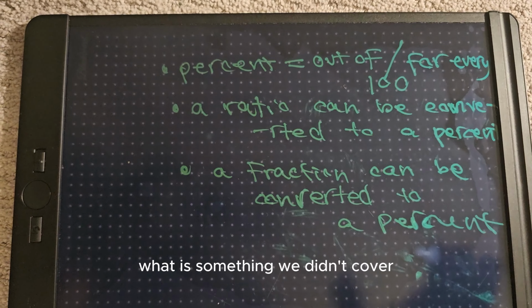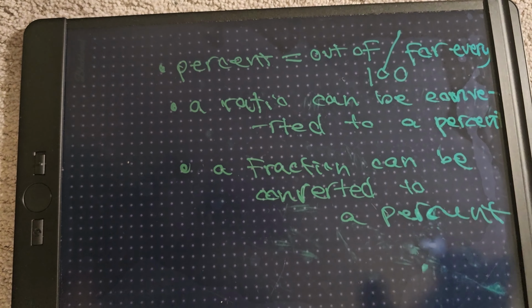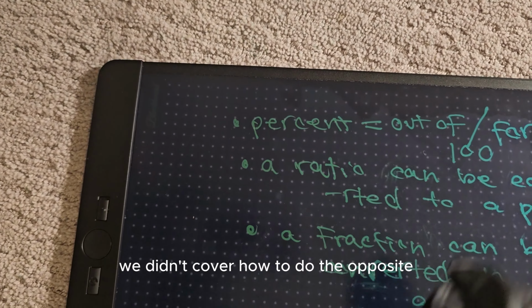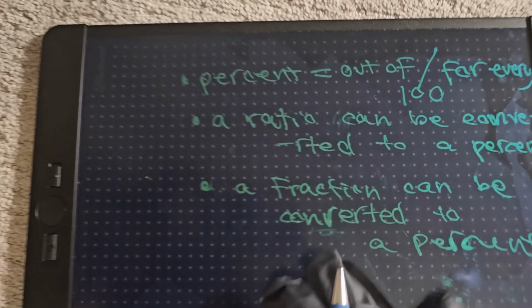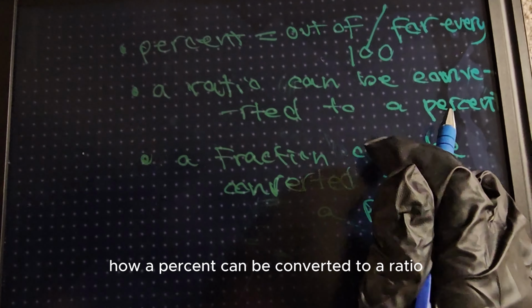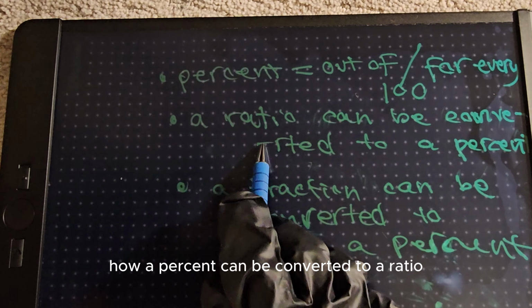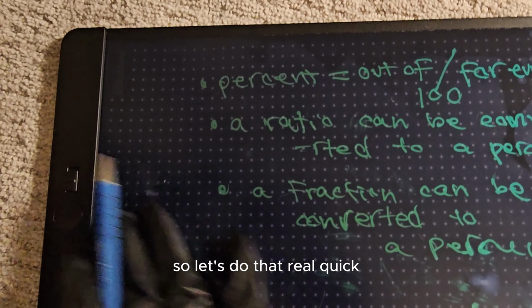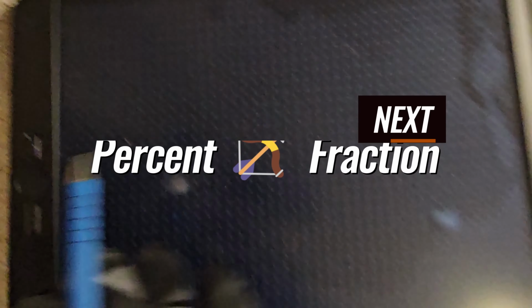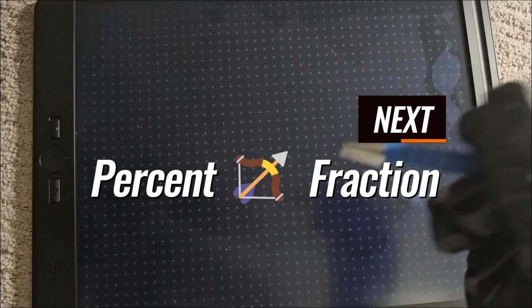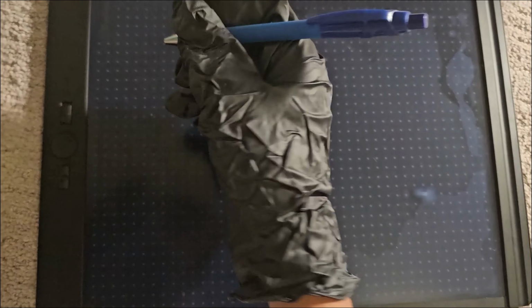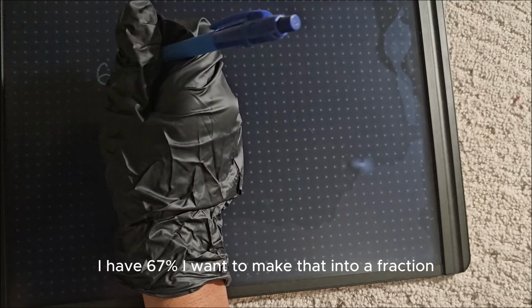What's something we didn't cover? Well, we didn't cover how to do the opposite. So basically, how a percent can be converted to a ratio. Let's do that real quick. I have 67%.